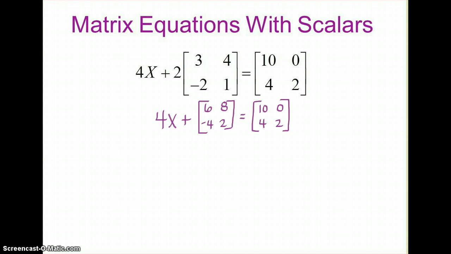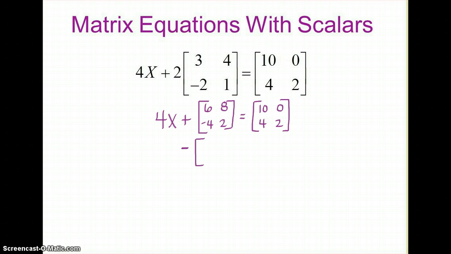Now, the next step, again, following the process of solving equations, I have a choice. I'm trying to solve for x, and they are either multiplying x by 4 or they're adding the matrix 6, 8, -4, 2. And in my process of solving equations, anytime I have to solve an equation, the next step would be to get rid of the addition in this problem. So I'm going to use the opposite operation.